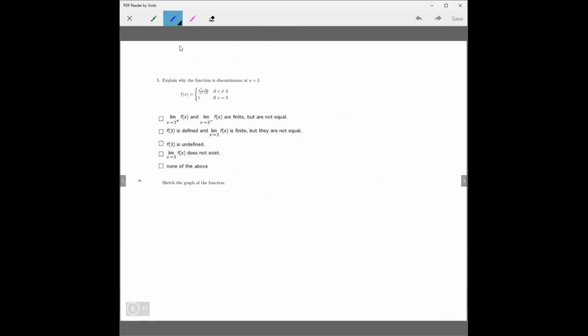Number 5, explain why the function is discontinuous at 3. Okay. So here, when you have piecewise defined functions like this, the good candidates for where they're discontinuous are these boundary points, and 3 is one of them.